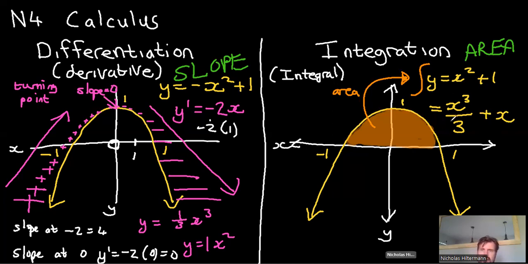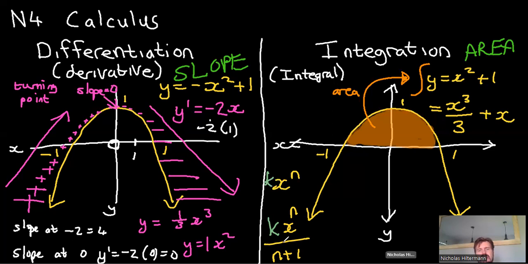Okay, so the formula is, if it's x to the n, or say kx to the n, it's k over n plus 1, x to the n plus 1. I don't like to get too bogged down in this formula.